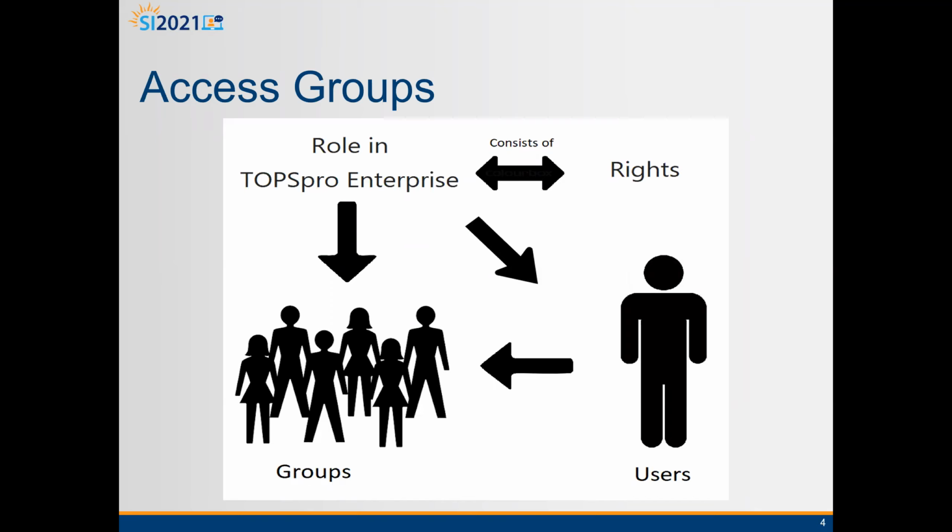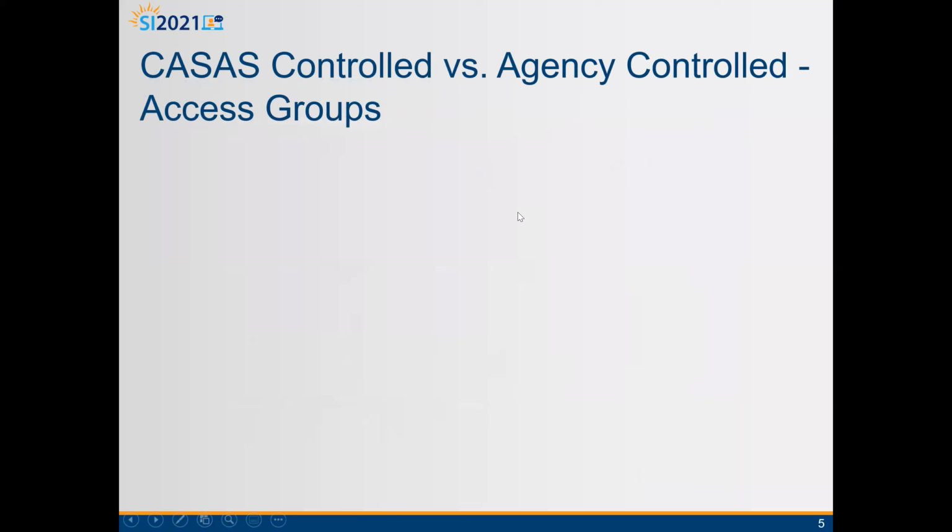In TE, we can separate access groups into two categories: CASAS-controlled access groups and agency-controlled access groups. CASAS reserves use of CASAS-controlled access group names and rights. So what are some examples of CASAS-controlled versus agency-controlled access groups?